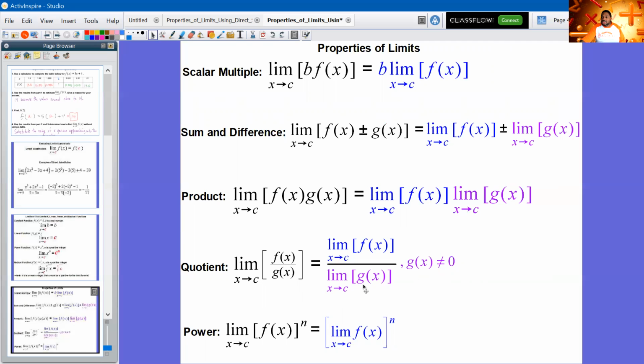Because if g of x equals 0, then we have to start talking about other types of limits. But right now, we're just going over the foundational parts of limits. And finally, we have a power function here to take the limit of a function raised to a power. As x approaches c, just take the limit of the function and then raise it to the corresponding power.